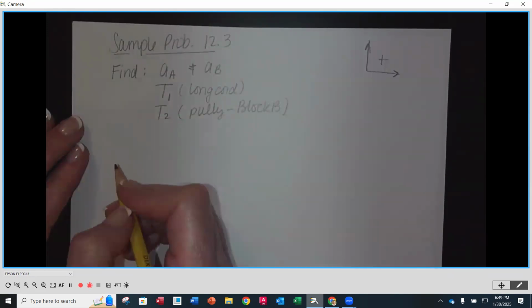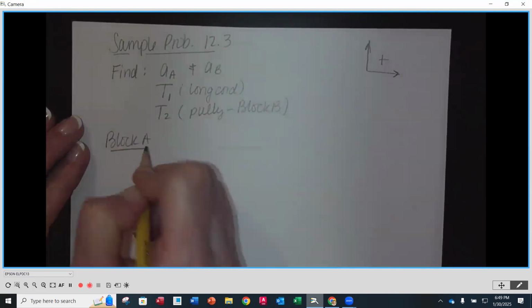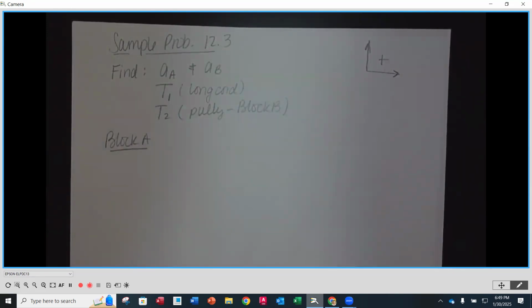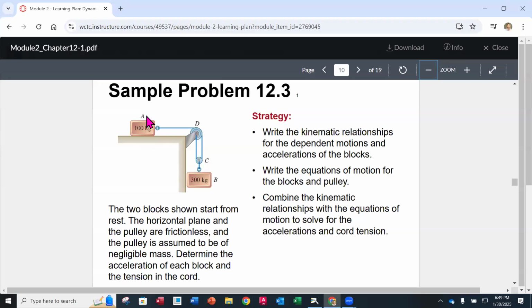All right, so let's start by looking at block A. So block A, and I'll go back and forth maybe here. Block A is sitting up on that table. And it's got the attachment to the cord that then goes down and is attached to, if you would, block B. So we're going to look at this block right here.